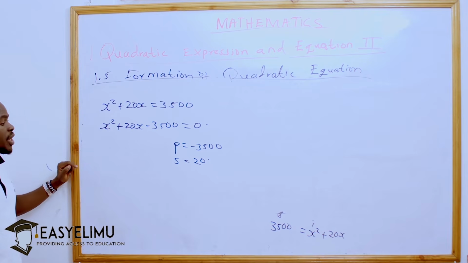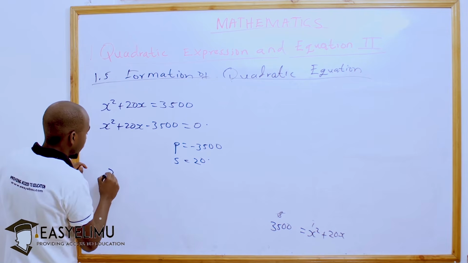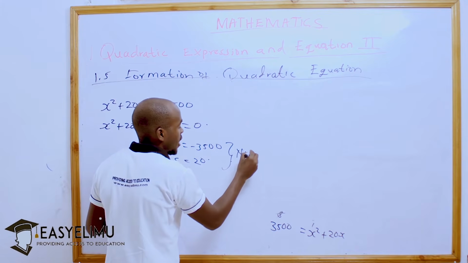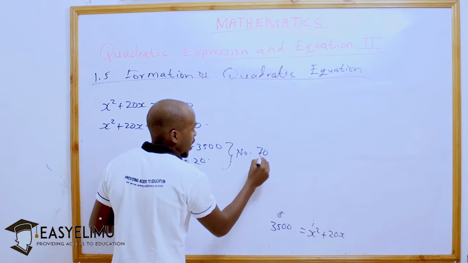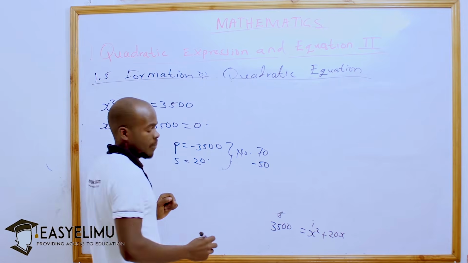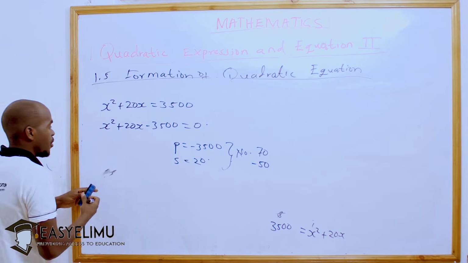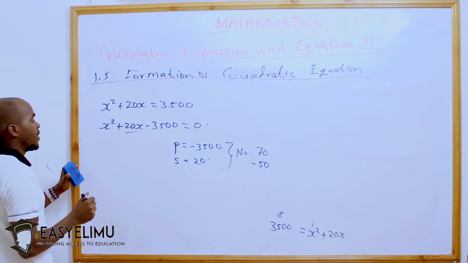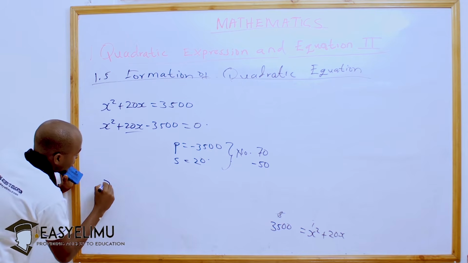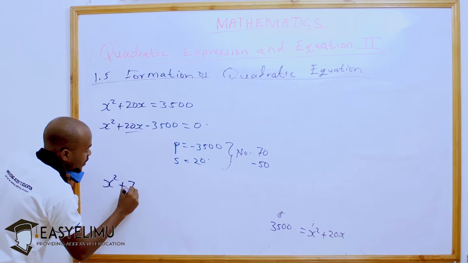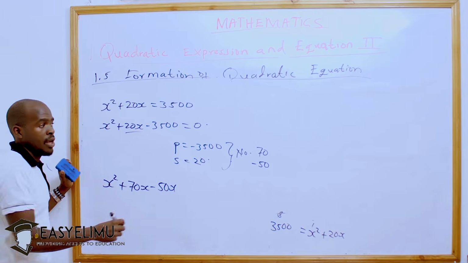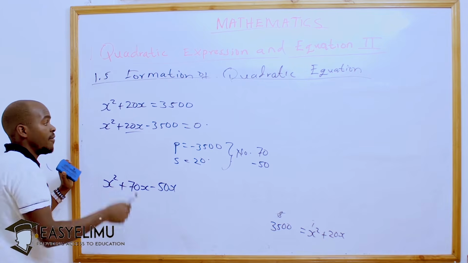Now from that one we are going to identify the two numbers as positive 70 and negative 50. Now from that we write the value of b with the two numbers with the variable x, and say it is x squared plus 70x minus 50x, the two numbers replacing the value of b here.